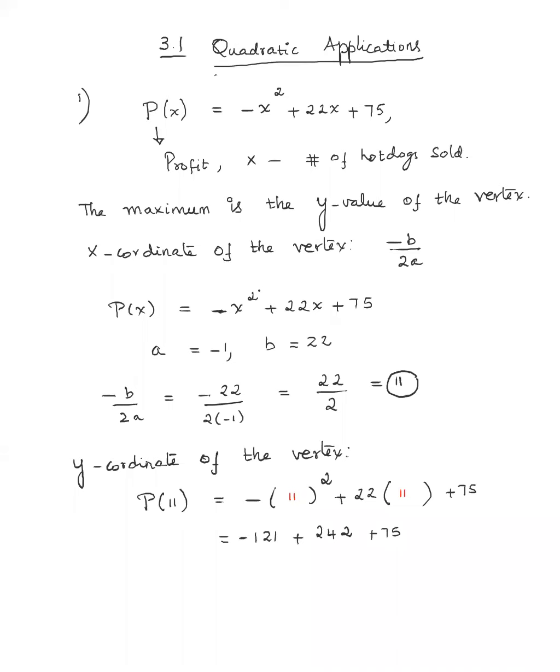So when we add them, we get 196. So the answer: CC needs to sell 11 hot dogs for a maximum profit of $196.